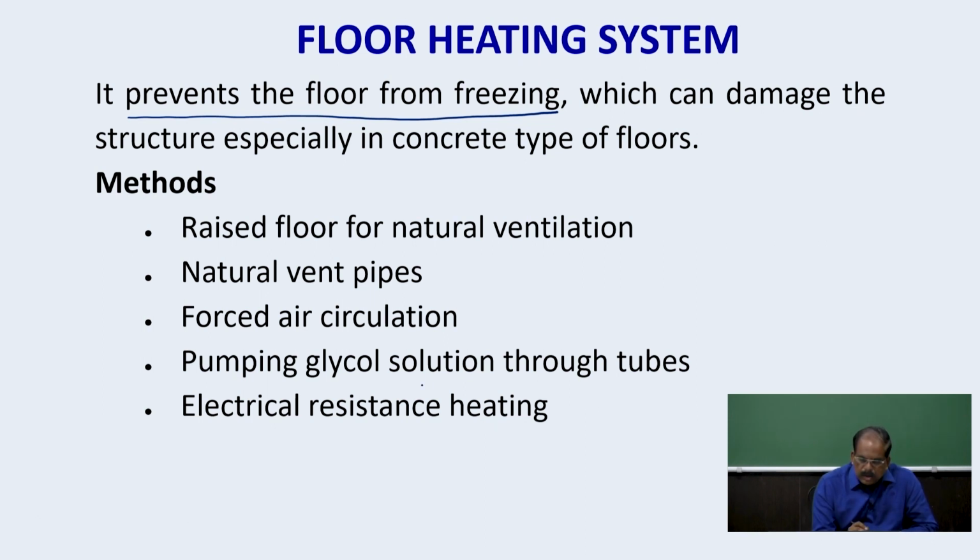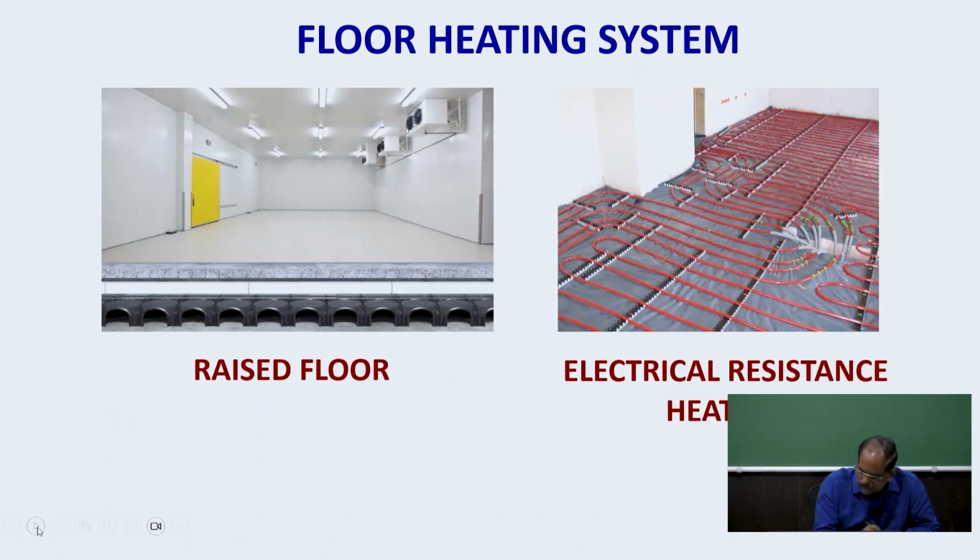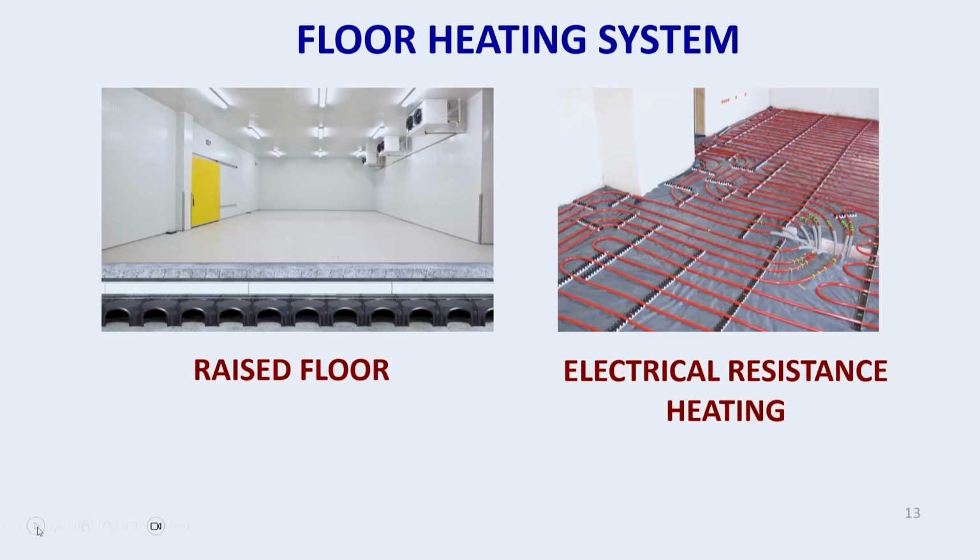Pumping glycol solution through the tubes: glycol is a secondary fluid, and it is pumped through the tubes. That is one method of floor heating. An electrical resistance heating method is also there, and its picture is shown on the right side of this slide.